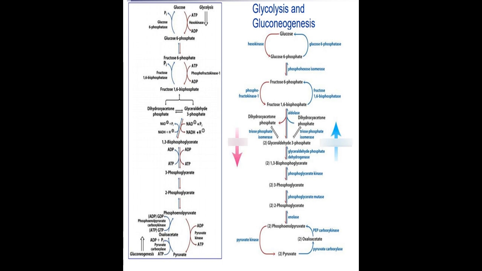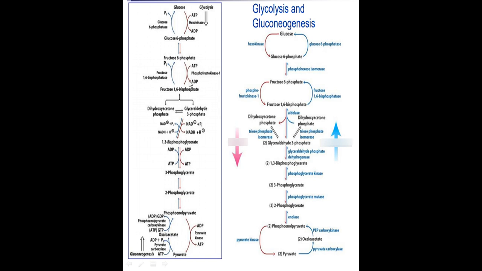So here, glucose 6-phosphatase opposes the reaction of hexokinase because it removes a phosphate group from glucose 6-phosphate to form back glucose. Fructose 1,6-bisphosphatase opposes the reaction of phosphofructokinase 1 because it removes a phosphate group from fructose 1,6-bisphosphate to form fructose 6-phosphate in the gluconeogenic pathway.